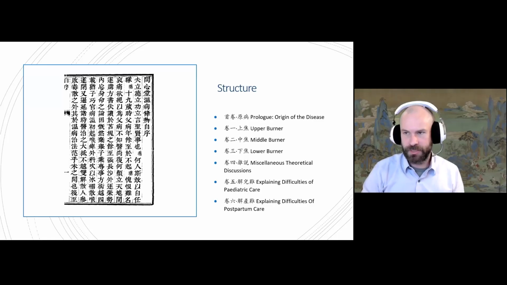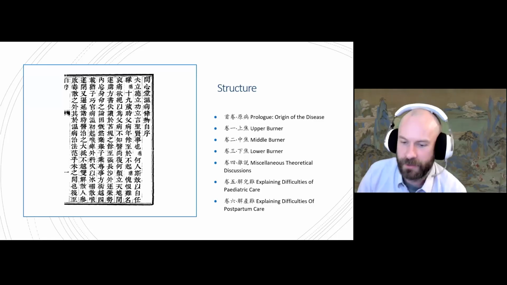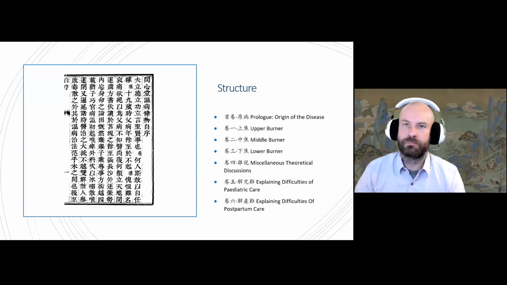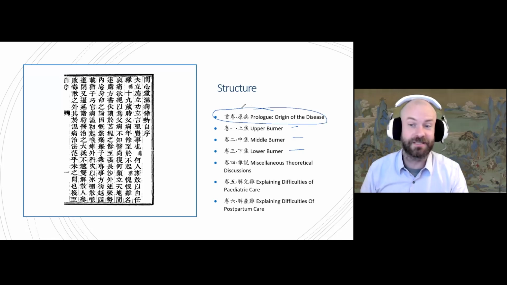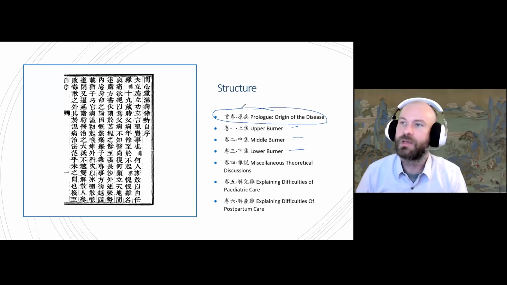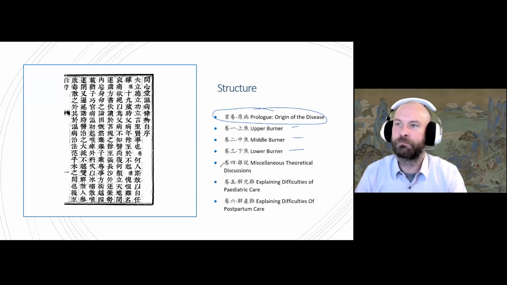So looking at the Wenbing Tiaobian, it's the first text that really breaks up the burners into upper burner, middle burner, and lower burner. It also has quite a large essay about warm diseases, called The Origin of Diseases. And then the last 3 chapters are actually essays, okay?